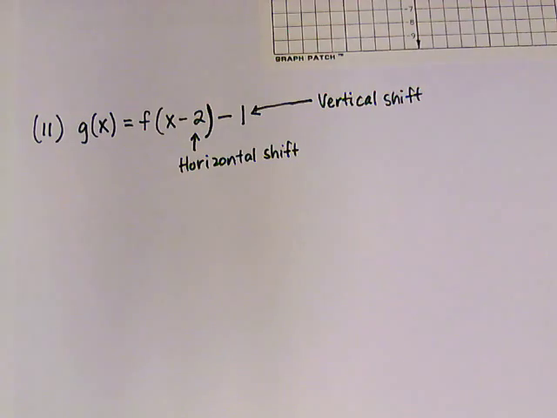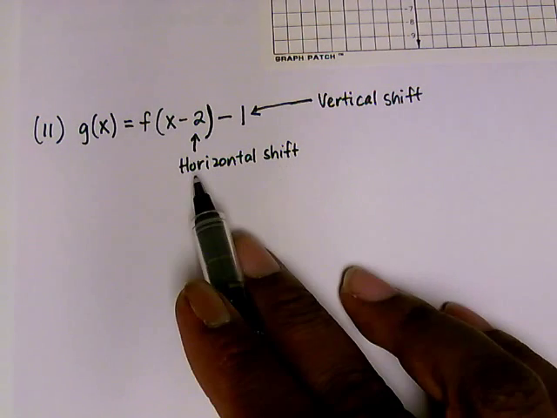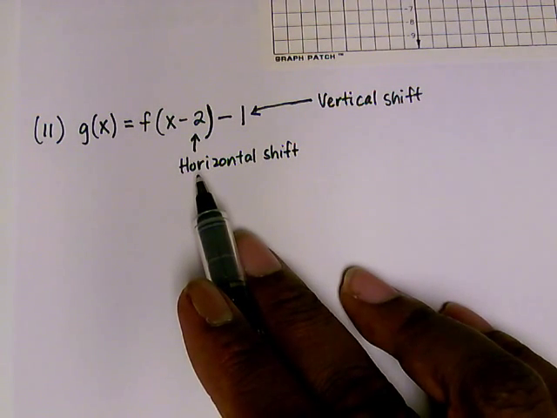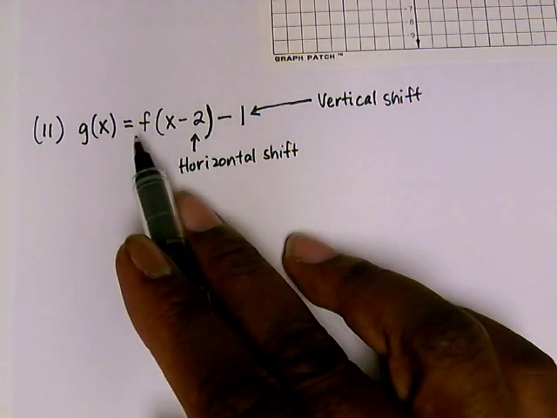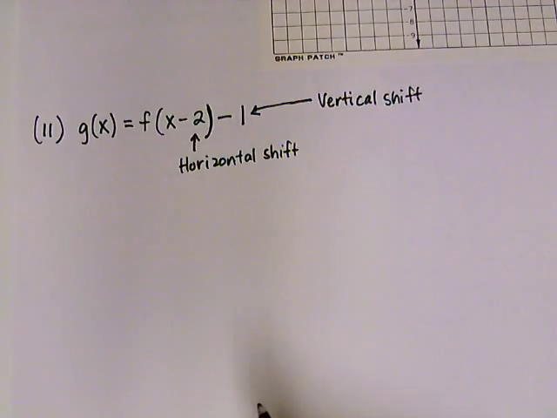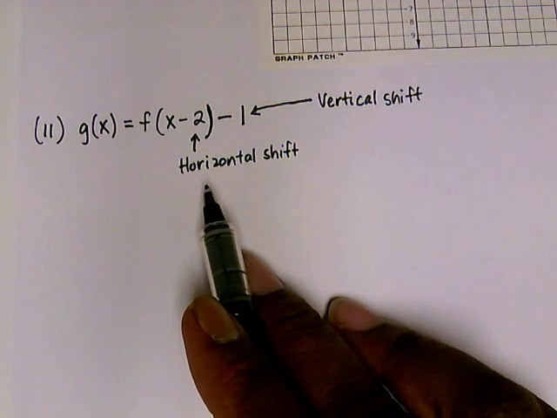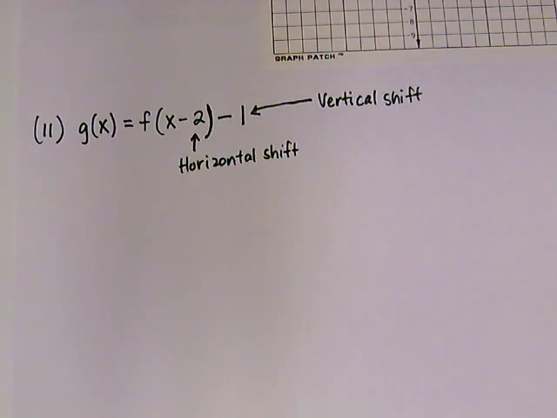So here I have a horizontal shift and a vertical shift. Now, the one I'm going to have to do first is the horizontal shift. And you have to think of that as the order of operations. You take the value of x, you're subtracting 2 from it, and then you're going to do minus 1 from that. So the horizontal shift is done first, then the vertical shift.